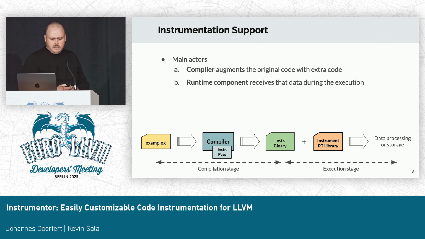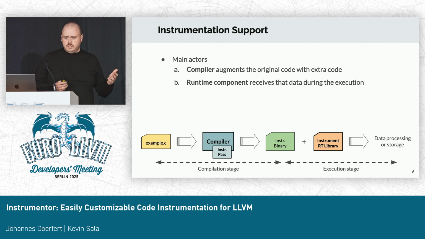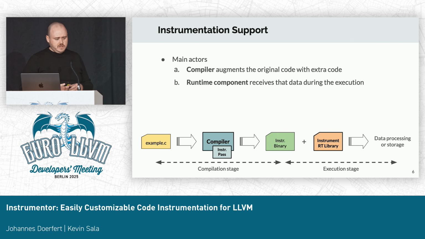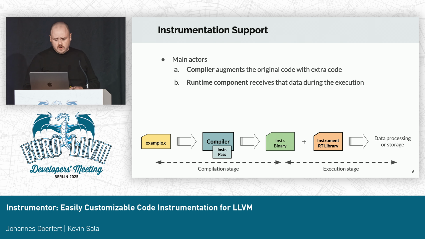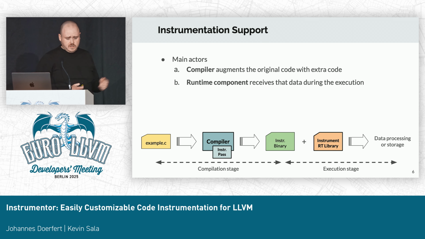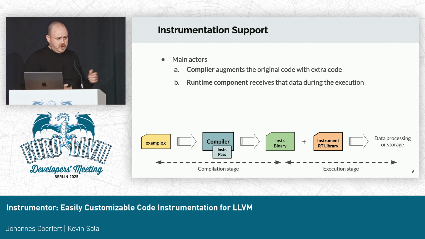So the main actors of the instrumentation support are first in the compilation stage, and then in the execution stage. In the first one, we have the compiler that has to augment the original code of the user with some extra code for instrumentation. As we have seen before, it has to insert some instrumentation calls.